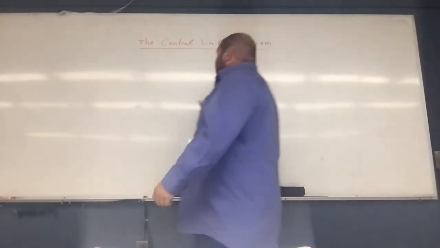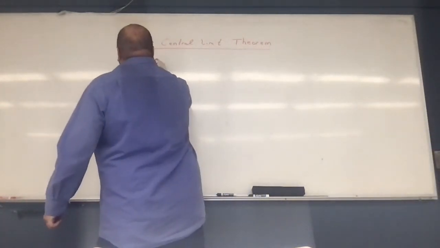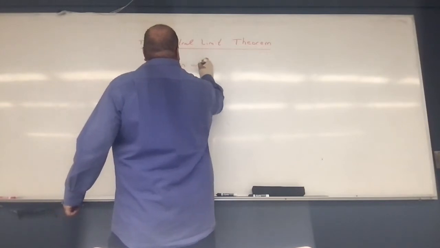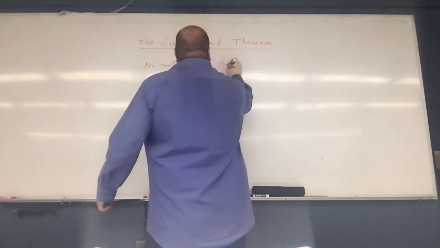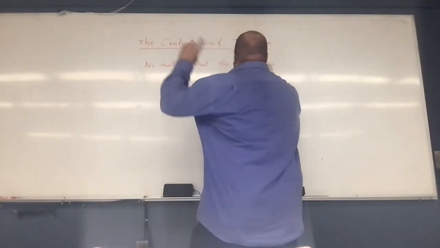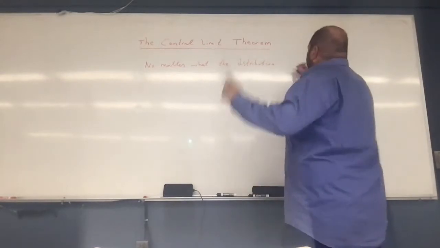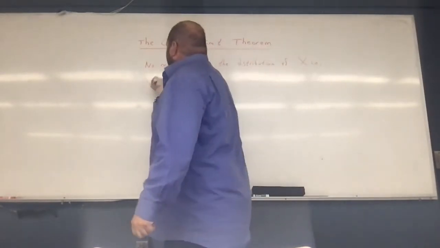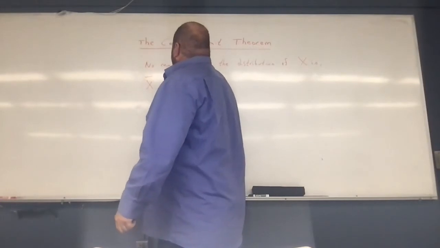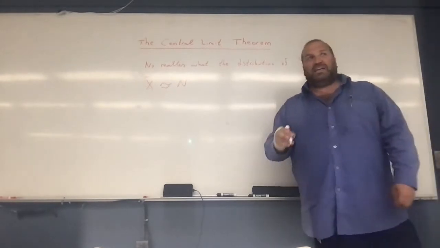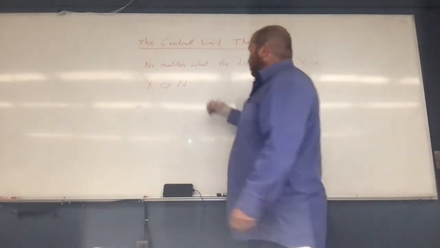So the central limit theorem essentially says no matter what the distribution, well, almost, no matter what the distribution of X is, X bar is approximately normal if the sample size is large enough.